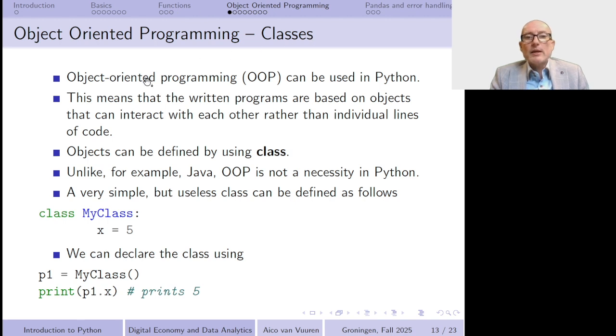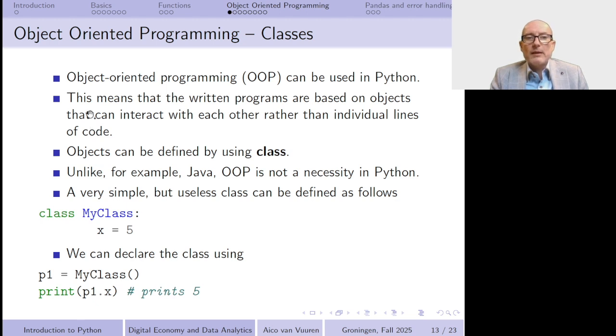Object-oriented programming can be used in Python. However, I'm not that sure whether you have ever heard about object-oriented programming before. Even though it also exists in R, I'm not exactly sure whether it was discussed in the introductory course to R. So the first question that arises: what is object-oriented programming?